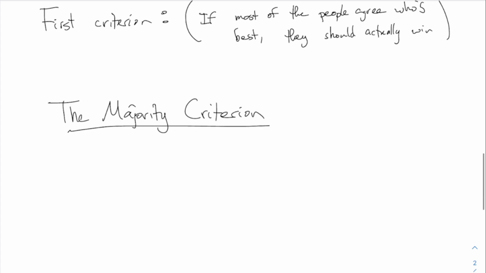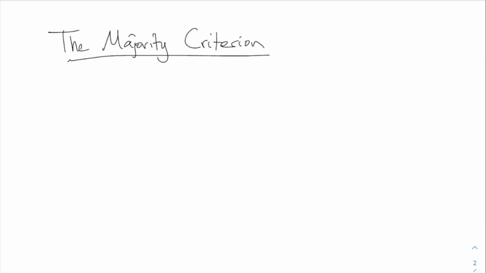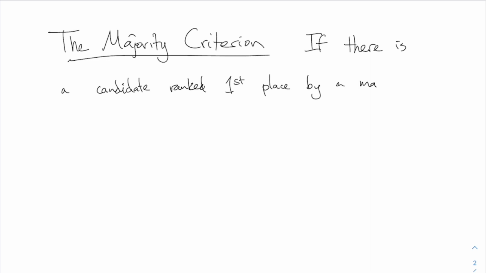And this is one way that you can discuss how good a system is. It's called the majority criterion. That word criterion just means a specific way of judging how good something is. The majority criterion says, this is a very specific technical way of telling if a system is working well or not: if there is a candidate ranked in the first place by a majority of voters.